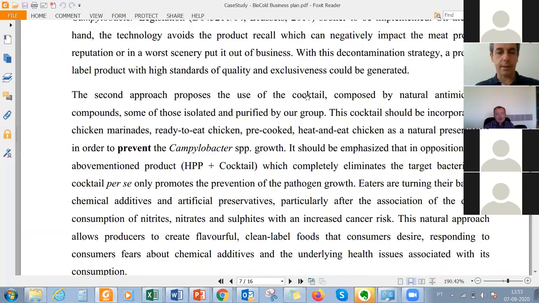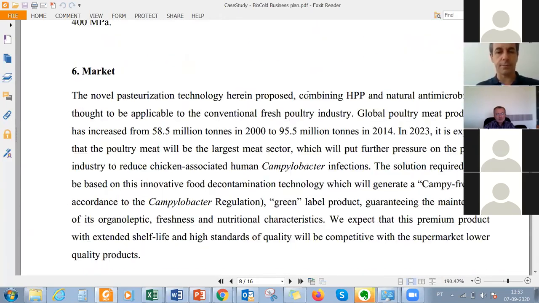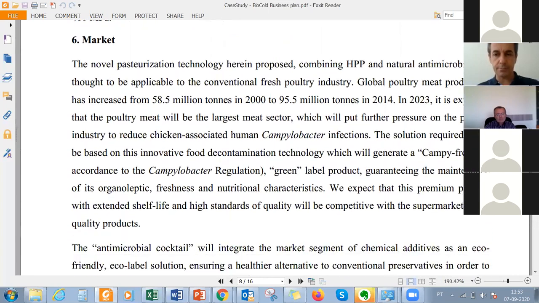So what is the product? They have to decide what is the product. They have to decide what is the market, some estimations about the market, and they will focus on the poultry industry. So in the production of chickens for human consumption, they will in particular look to reduce Campylobacter infections, or the possibility of infections by Campylobacter.